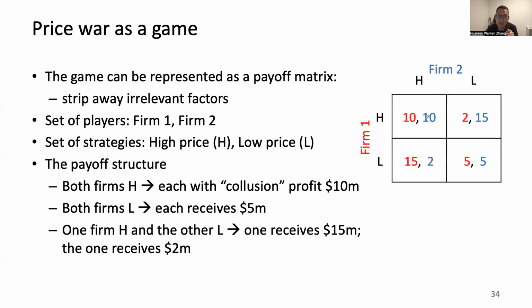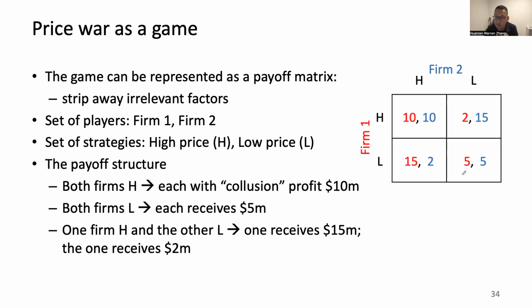If both firms choose high price, it's good for both firms. Each firm would earn a collusion profit of $10 million. If both firms choose low price, meaning they are engaging in a price war, they significantly cut the price. If one firm cuts its price, it will attract or steal some consumers from the competitor.